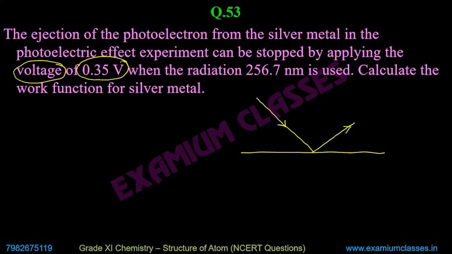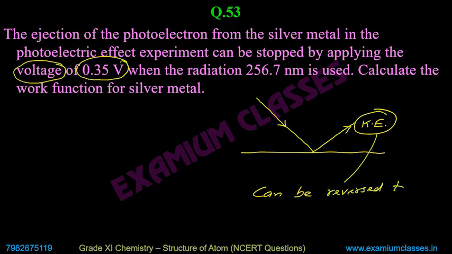and the electron gets ejected with some kinetic energy, okay, there is some kinetic energy with which it gets ejected. The question says that this kinetic energy can be nullified, can be reversed to zero by 0.35 volt potential.